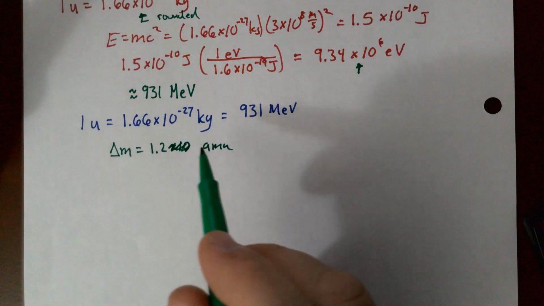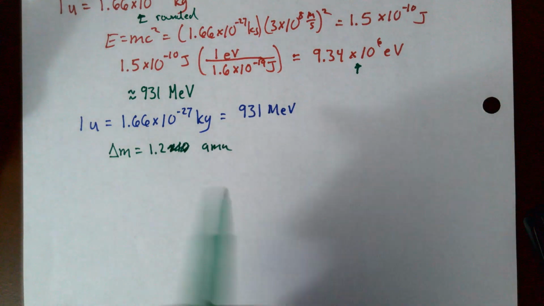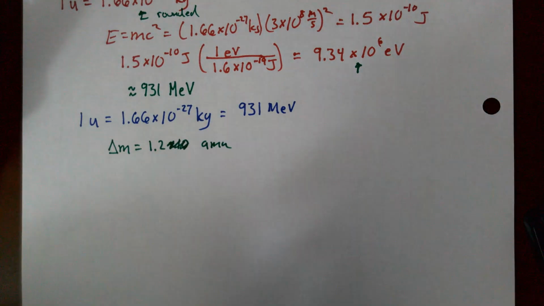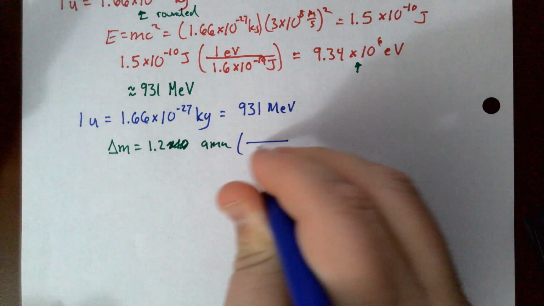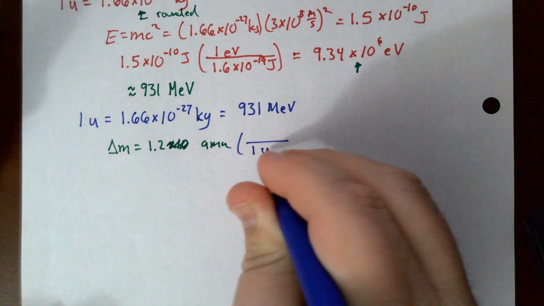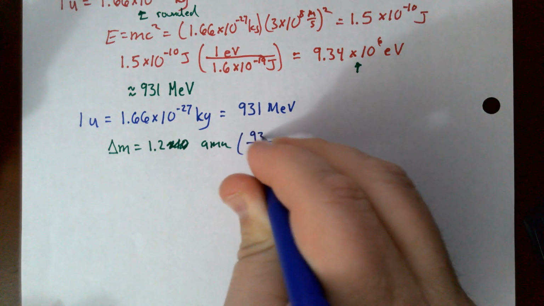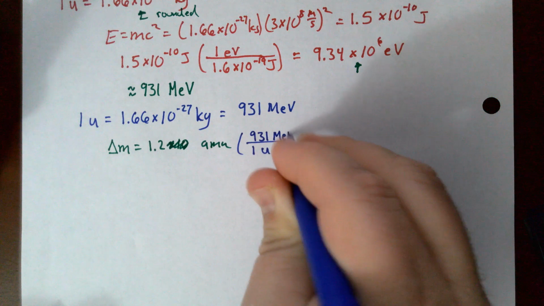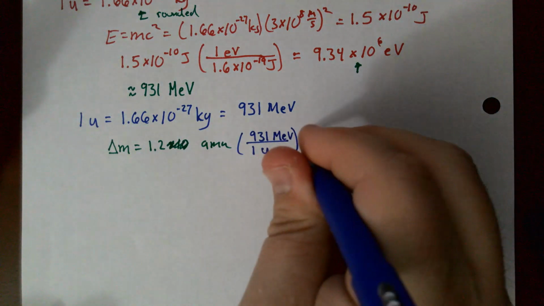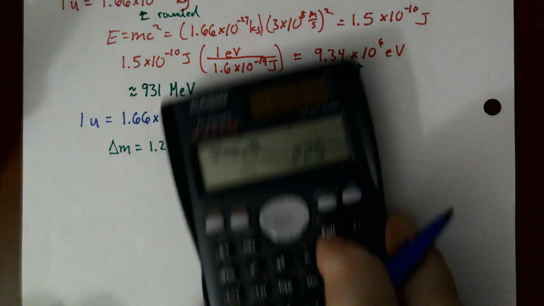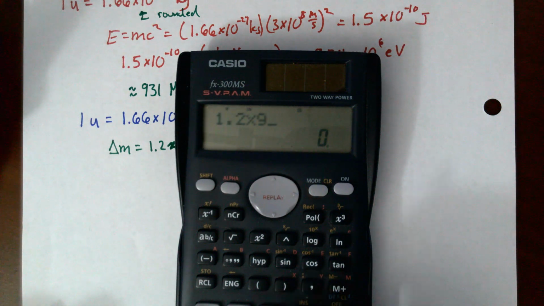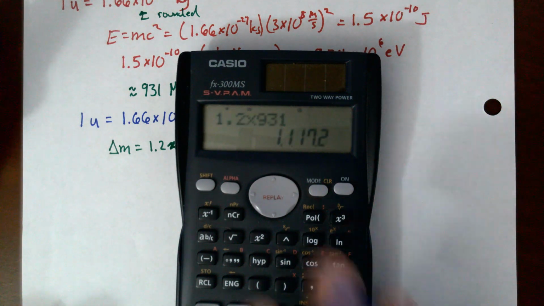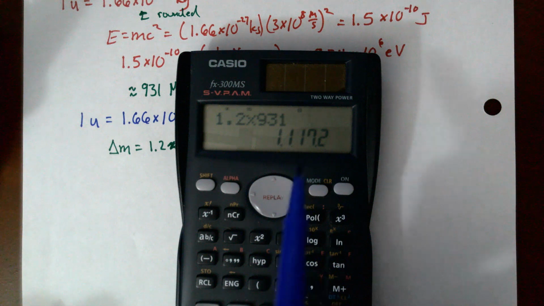Okay, so if we wanted to know how much energy we're going to get out of that, we could just multiply it by this 931 conversion factor. So for every one atomic mass unit, we get out that much energy. And so multiplying 1.2 by 931 would give me the energy in mega electron volts.